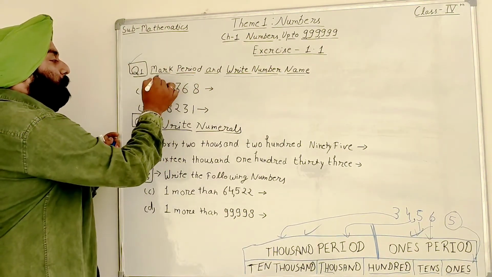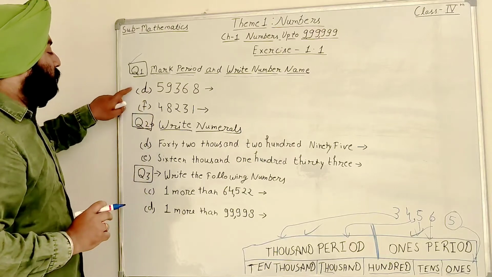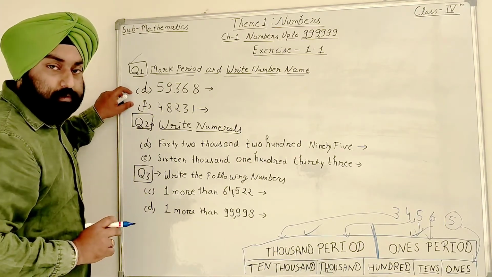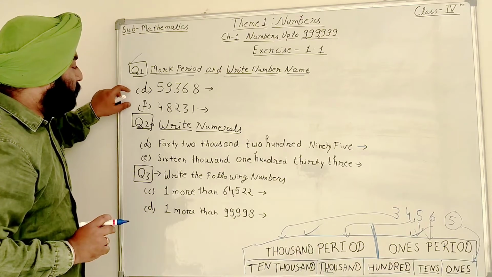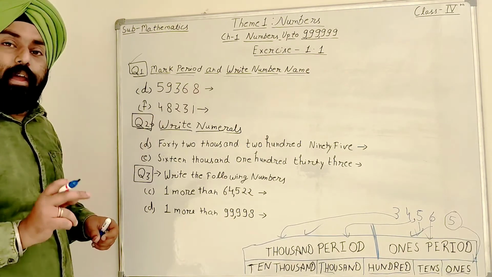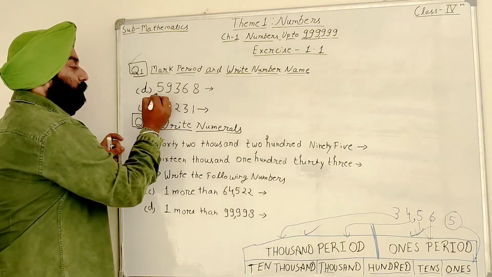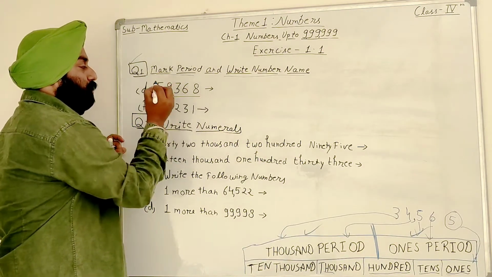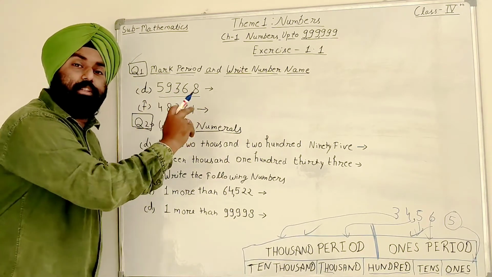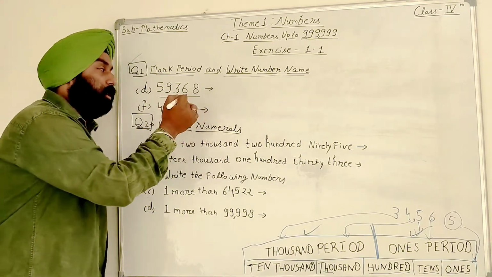I have done the D part, the tough part, from the last one. The easy ones you have to do by yourself. Question D is 59,368.